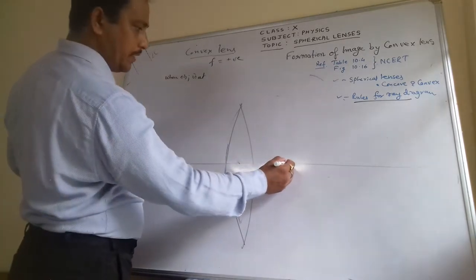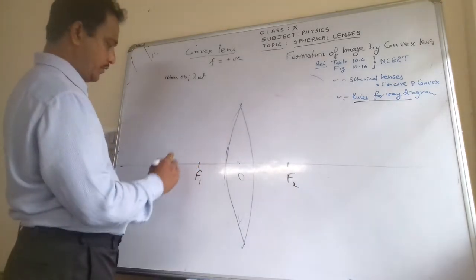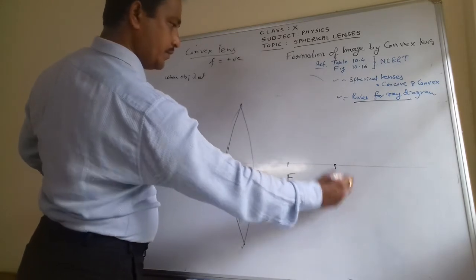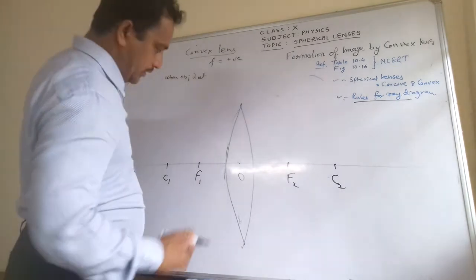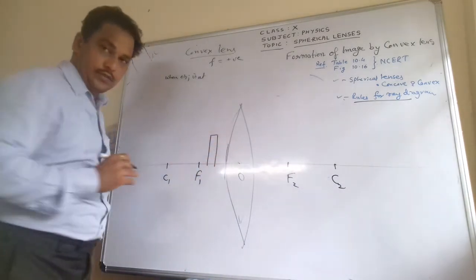We will label F1, F2, C1, C2, right? After this, the object we will keep here between F and optic center like this.